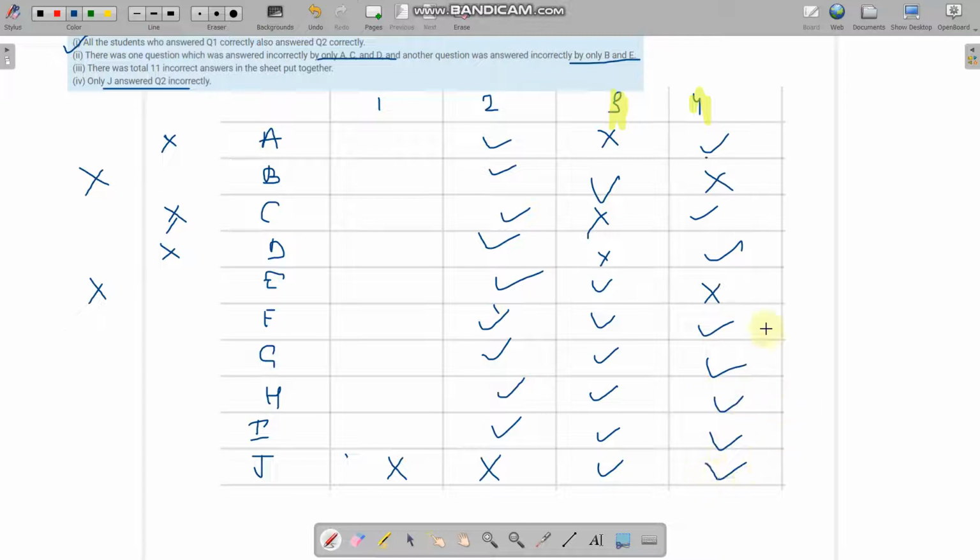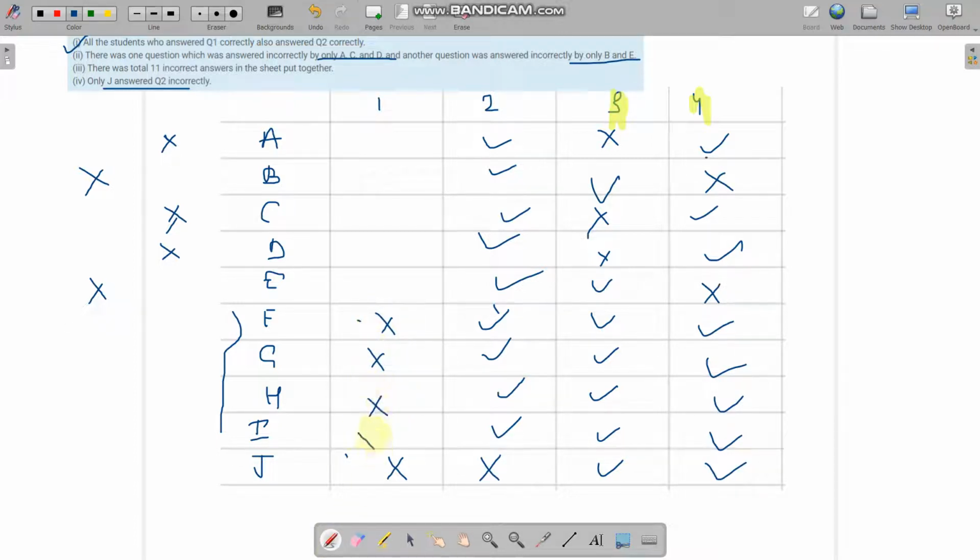Now there was one point that no one answered all 4 correctly, which means for these guys F, G, H, I there can't be a tick over here. If we take, for a moment, a tick over here, it means all the 4 answers are correct, but the set says it isn't. So there will be a cross for these guys right over here.